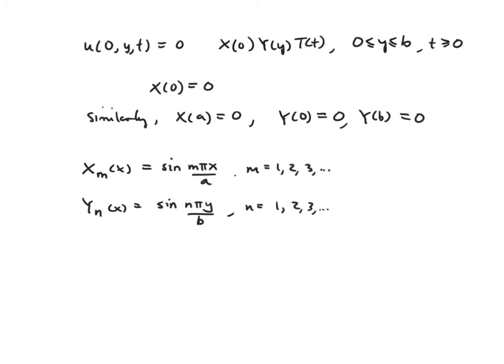Now, there's a tiny detail I want to bring to your attention with these separation constants. Mu is equal to negative (m pi over a) squared, and nu is equal to negative (n pi over b) squared.